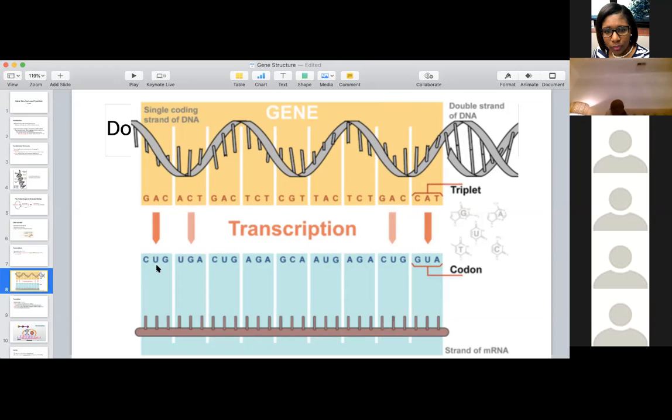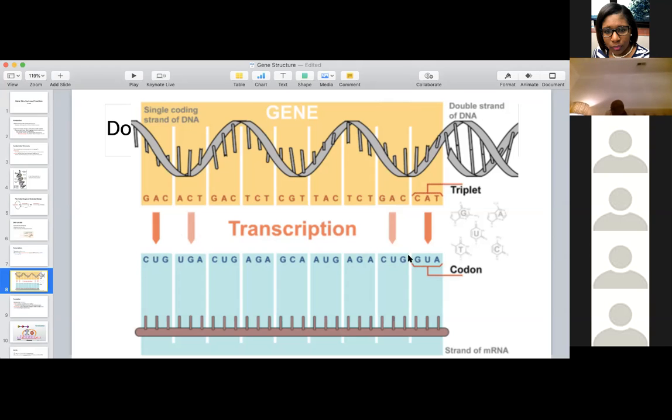And we use a system known as the genetic code to basically decode the nucleotide sequences in our DNA into this messenger RNA. And it is these groups of 3 nucleotides that we call a codon in order to determine our amino acid sequence for translation, okay?